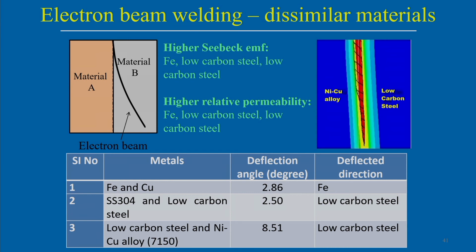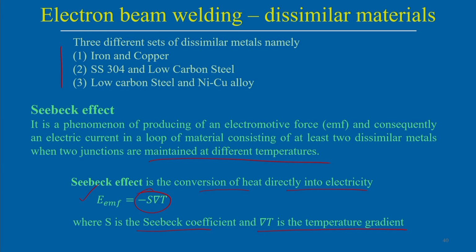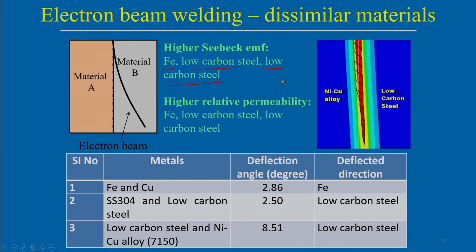Now, here you can see the higher Seebeck effect for iron and low carbon steel, these three combinations we have seen. In these cases the Seebeck effect is more prominent, so deflection of the beam is very obvious, or we can say the beam gets deflected toward a particular material.